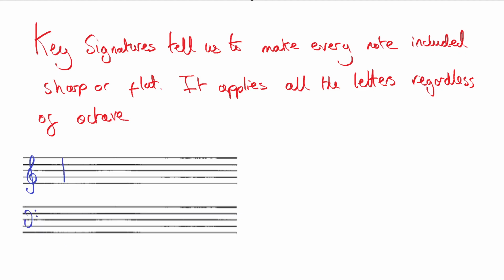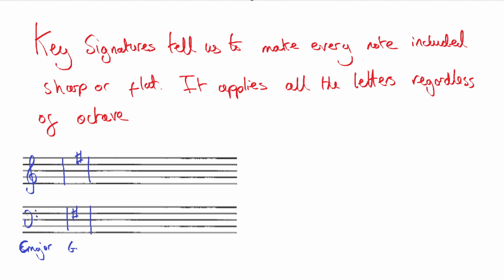So C major has nothing. I tend to use capital letters for major keys. C major. G major has a sharp symbol on that top F line, but remember it applies to Fs even if they're down here. It applies to all the Fs, and it would be here. We don't need to put them in their own bars, but I'm just separating them off so you can see them.